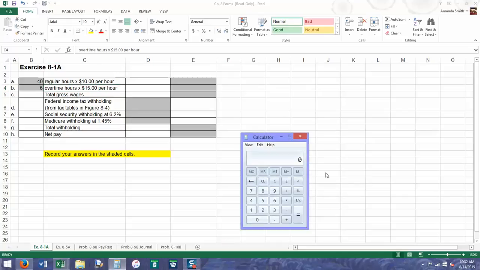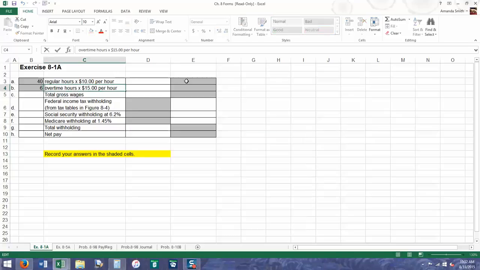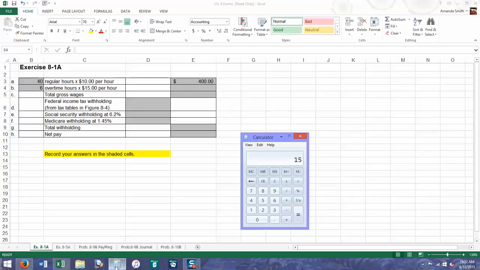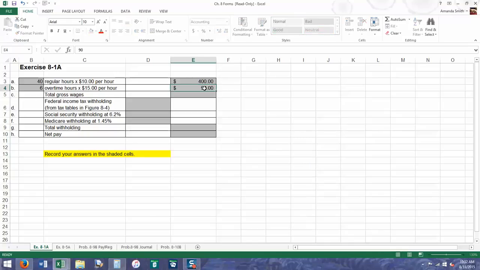So even though the calculations may be simple, I would definitely recommend using a calculator just to verify. So she works 40 hours and gets $400 for her regular hours. So $15 times 6, and she gets $90 in overtime, which makes her total gross wages $490.